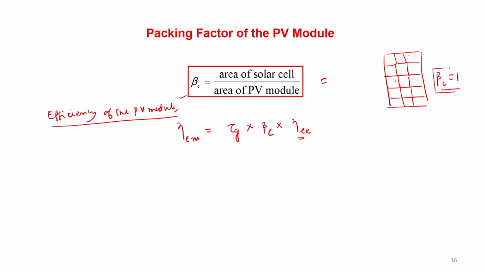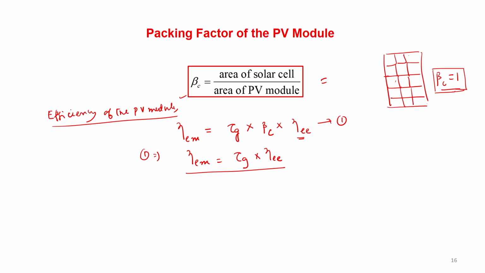That means this module is entirely covered with cells. Under that condition, this expression 1 reduces to eta m equals tau z times eta c, right.